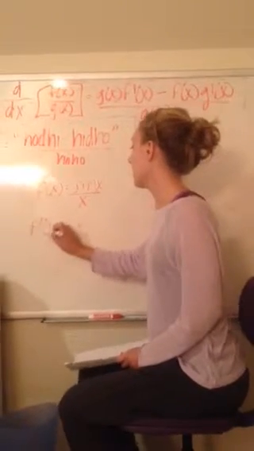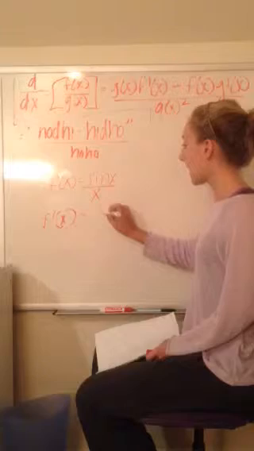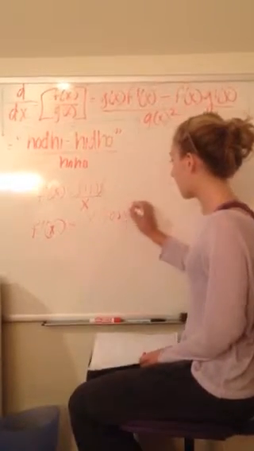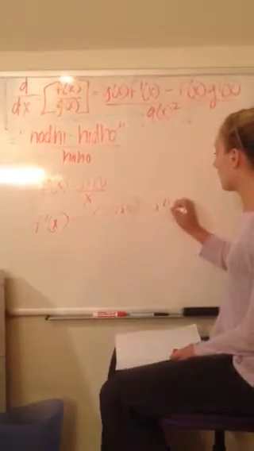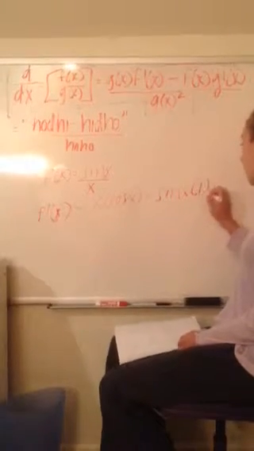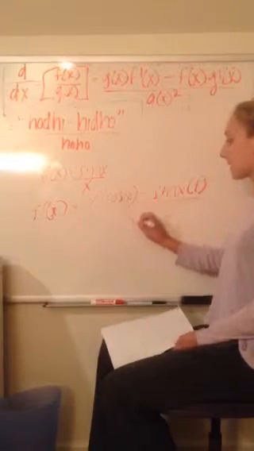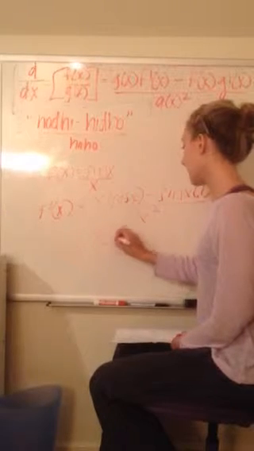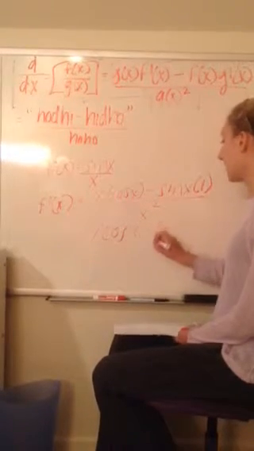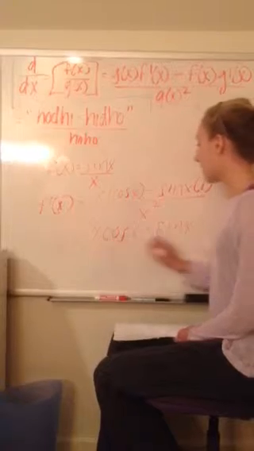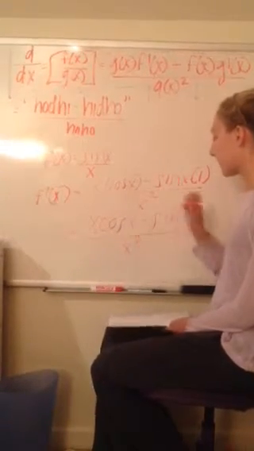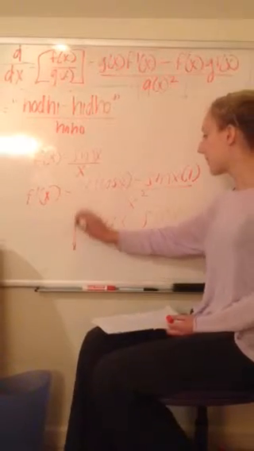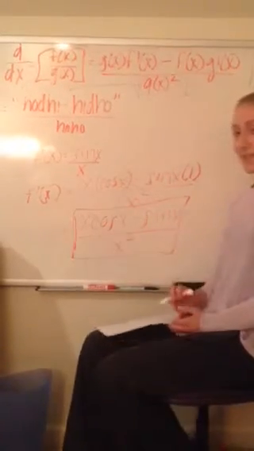Take the derivative: you do ho, which is x, times the derivative of the top, which is cosine x, minus sine x times 1, over x times x, which is x squared. This simplifies down to x cosine x minus sine x over x squared. This is the simplest we can have, so we're going to keep it in this form. This is your best answer.